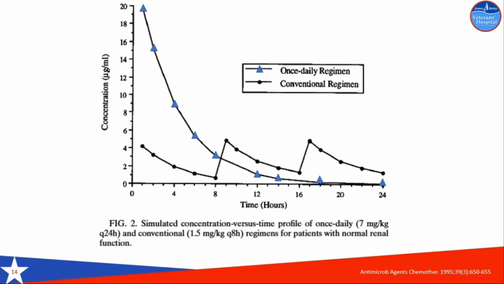With your conventional regimen, the Cmax is between 4 and 6, and you're giving multiple doses per day. Versus extended interval dosing, where your Cmax is up here at 20, and then you don't give any other doses for the rest of the day, so that drug has time to excrete from the body.